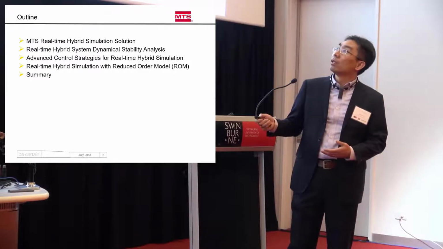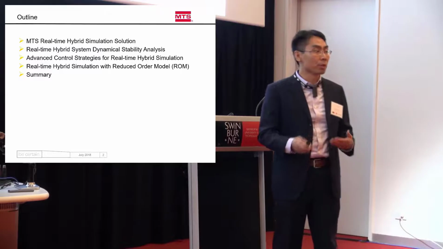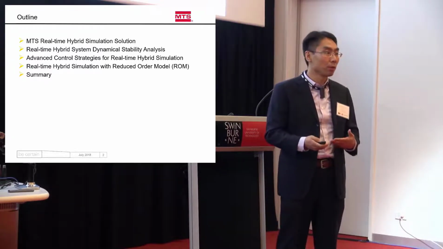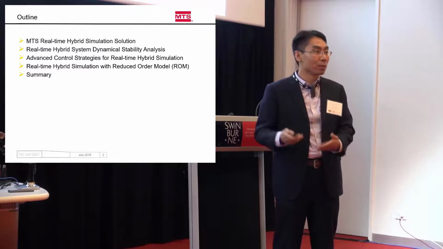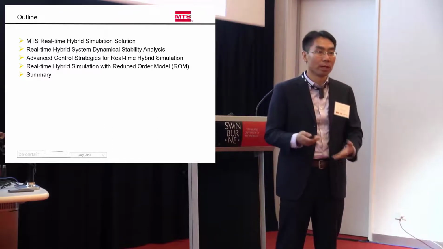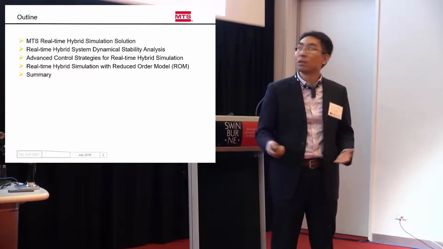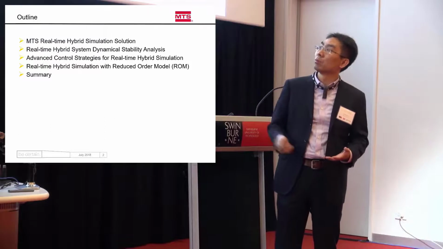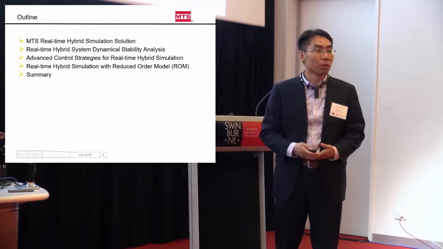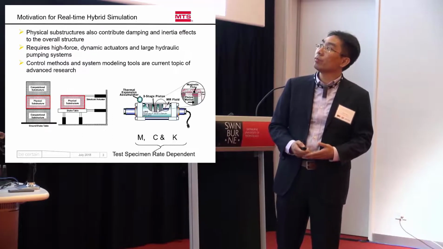And then from the analysis model perspective, in real-time hybrid simulation you have to solve your model to keep up with the real-time constraint. A lot of times the FEA model is not fast enough, so we will talk about some reduced order model techniques that can help you tackle that challenge.